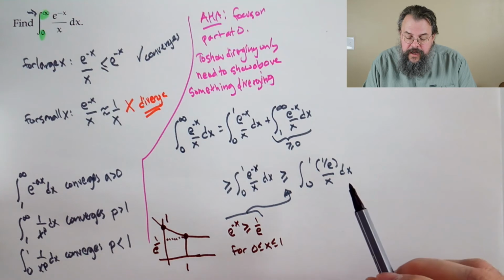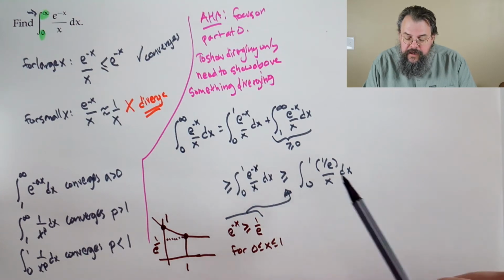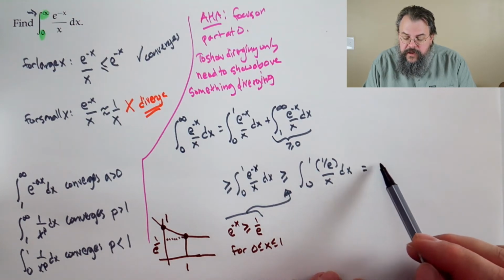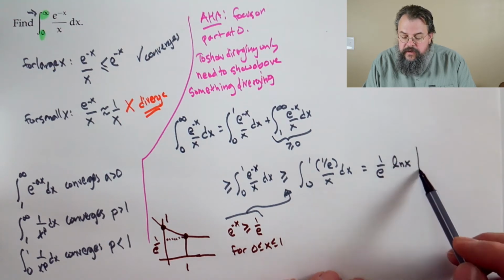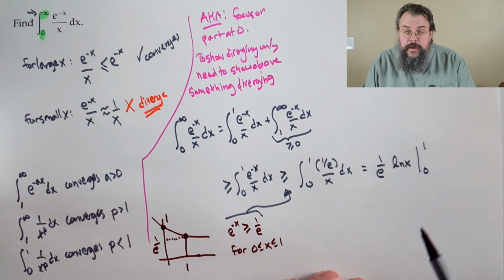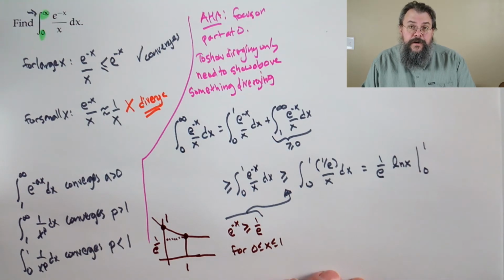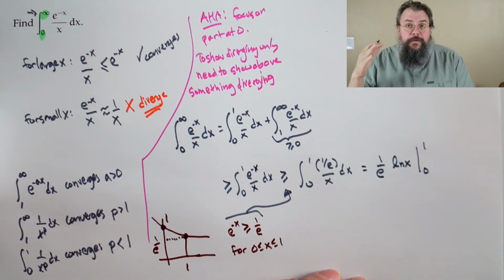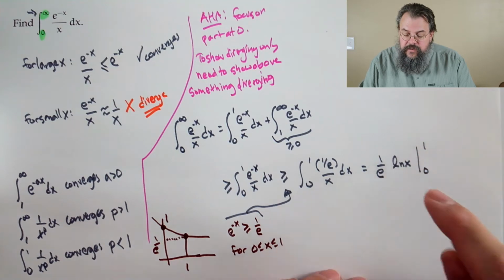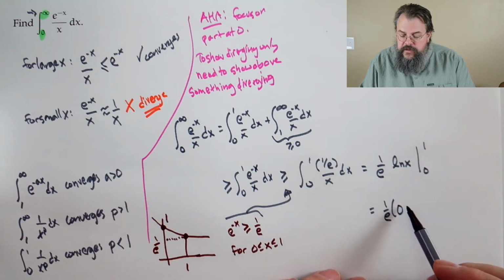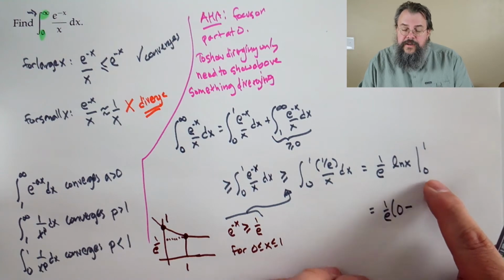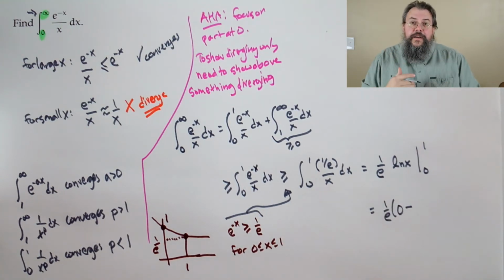All right, but now that we've got rid of that e to the minus x, this is beautiful. We can integrate. This is 1 over e times natural log x from 0 to 1. Now, of course, it's improper, but we'll handle that. Natural log of 1 is 0. So you get 0, subtract. Now, the improperness we'll handle by talking it out loud.